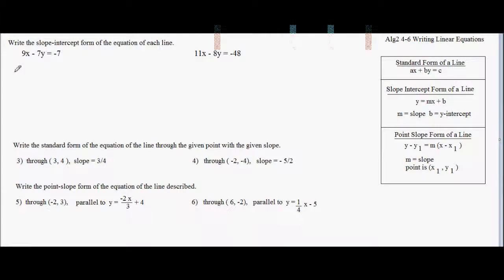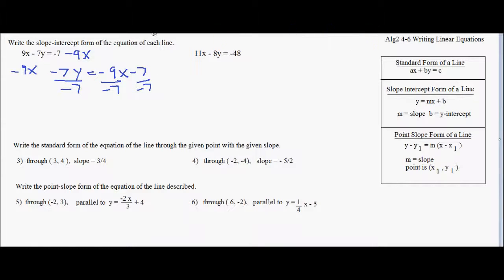So I'm going to minus 9x from both sides. Okay, so that cancels. I get -7y equals, no, I'm going to put the -9x in the front and the -7 here. And then I'm going to divide every term by -7. See that?